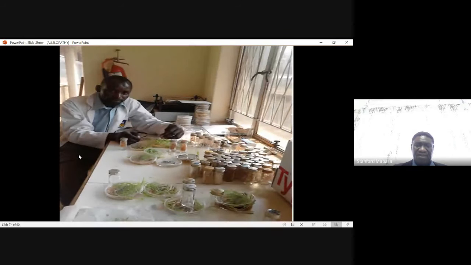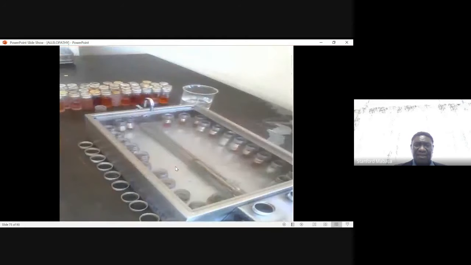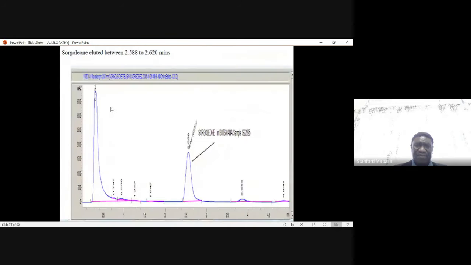So it's Dr. Tibugari doing the extracts. Here, concentrating the extracts before sending them to the LCMS. And these are some of the results, showing peaks of sorgoleone.